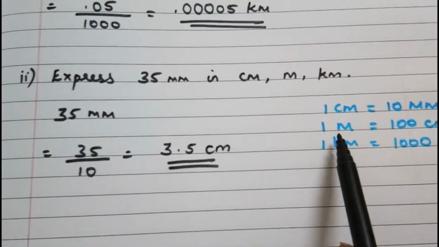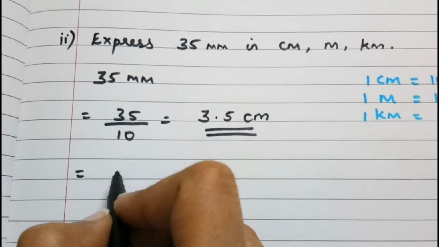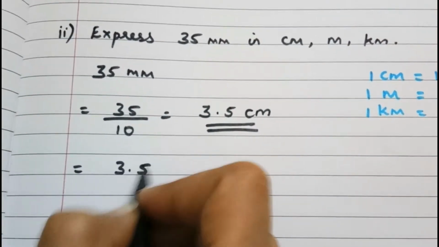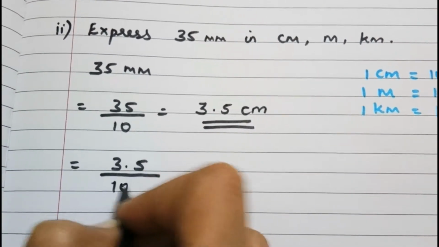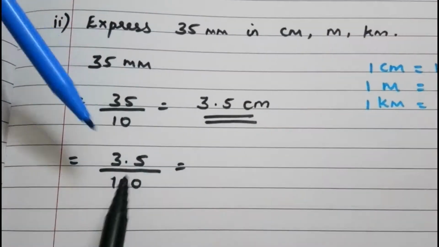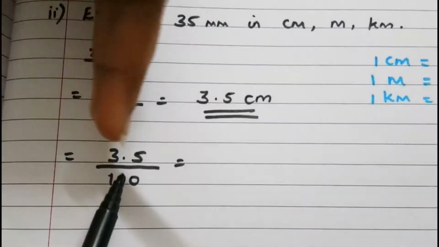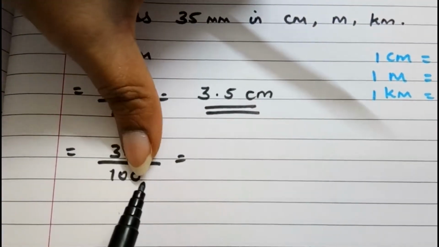Okay. Now next we need to find meters. What's the formula for meters? 1 meter is equal to 100 centimeters. Now this is 3.5 by 100. Okay. Since this number 0.5 is after the decimal, we will not count it.